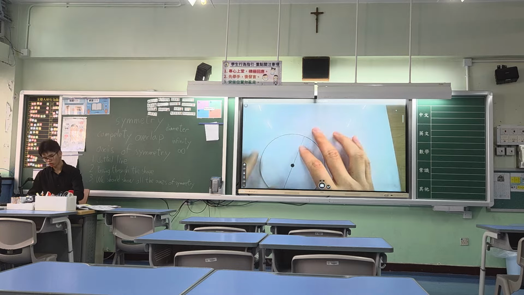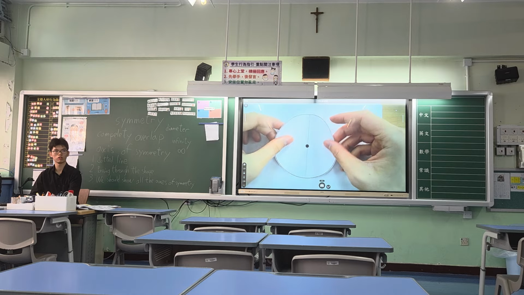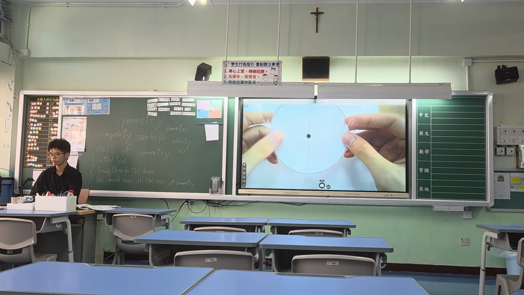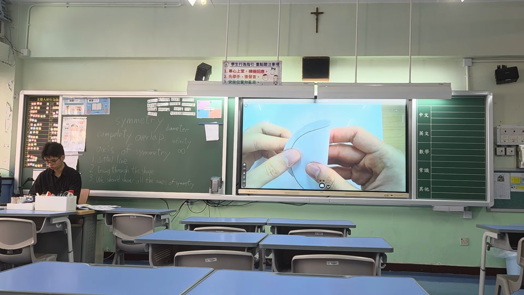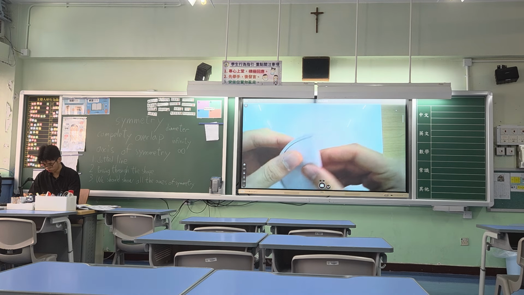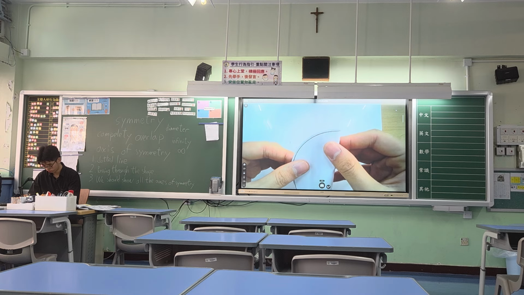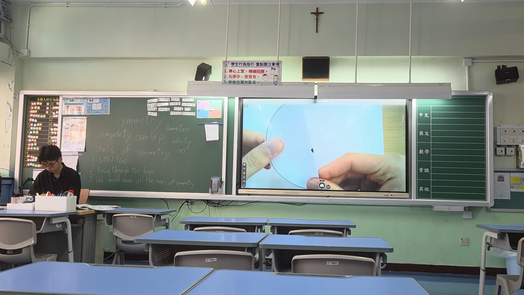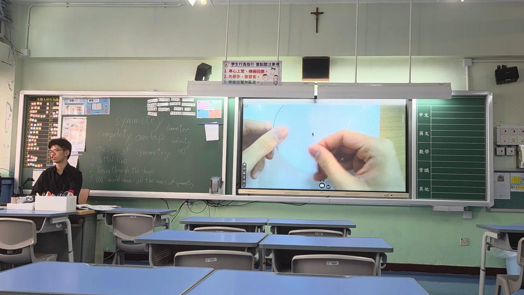Actually, if we fold along this diameter of the circle, you will get a completely overlapped shape.